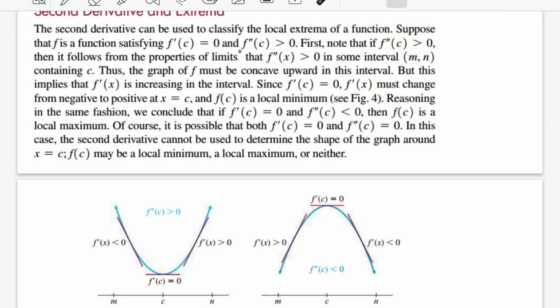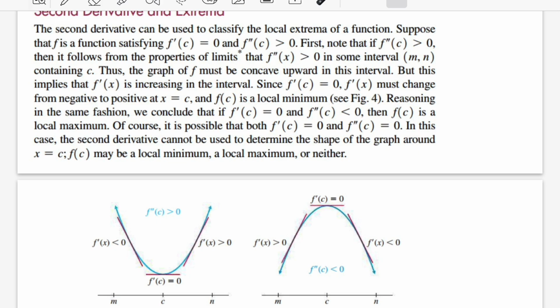So this tells us from the previous sections that if our second derivative is positive, then our graph must be concave upward in this interval. Okay? And then this also implies that our derivative will be increasing in the interval.